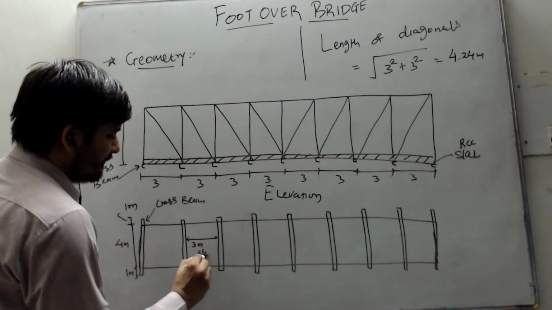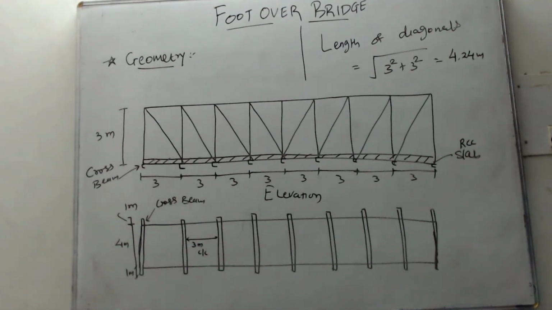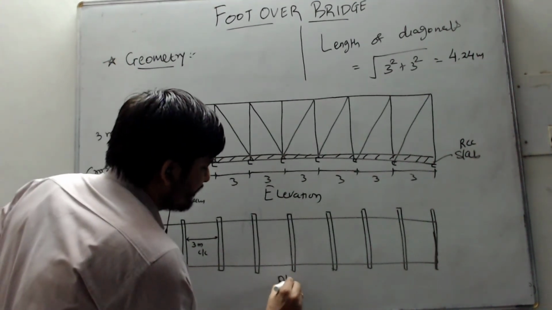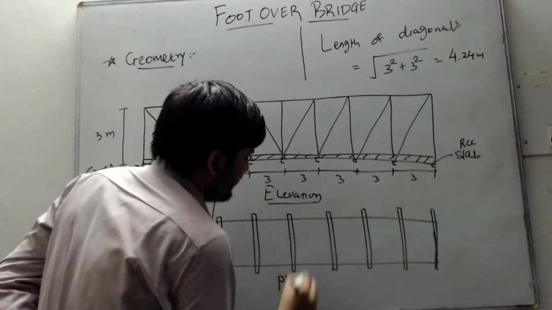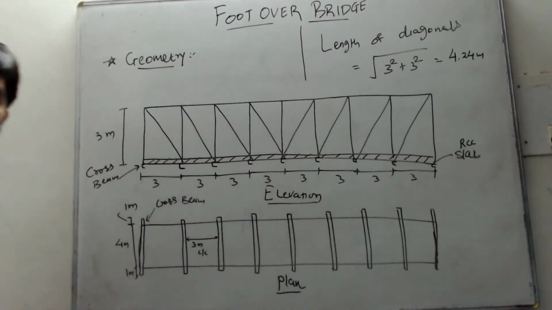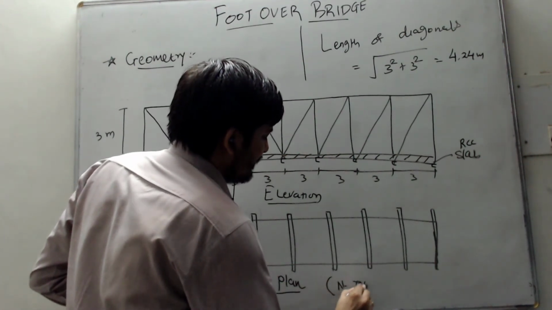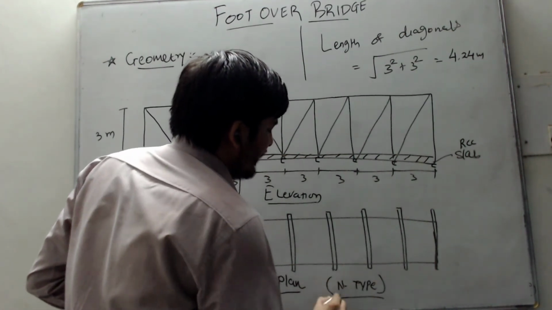This one is the elevation above, and below we have drawn the plan. So this is a typical N-type foot overbridge girder, an N-type truss. It will look like this.